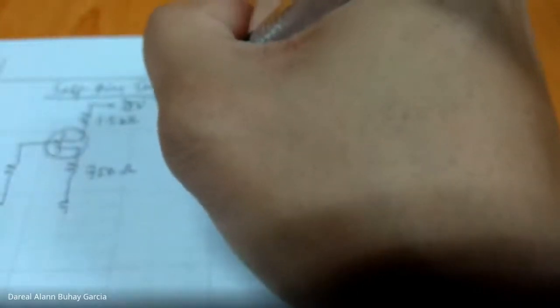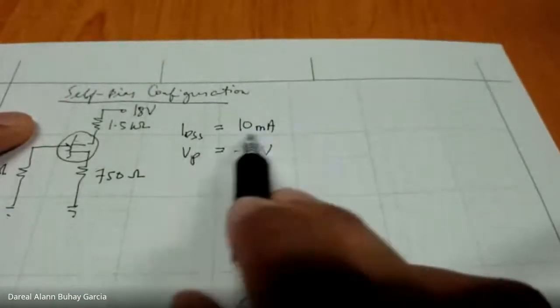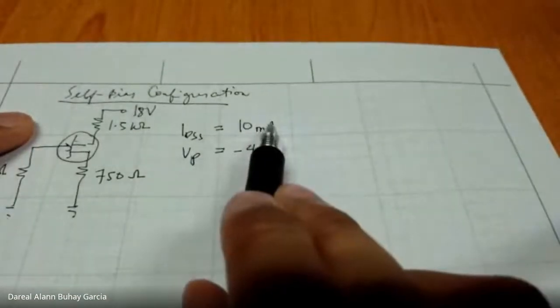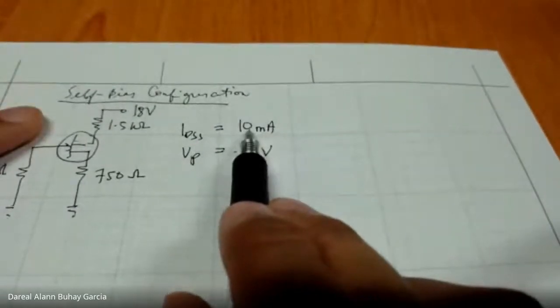And muna iyang mga device characteristics. IDSS is 10 milliamperes. And VP is -4 volts. Right? So muna yung mga device characteristics. IDSS is the saturation current, no?